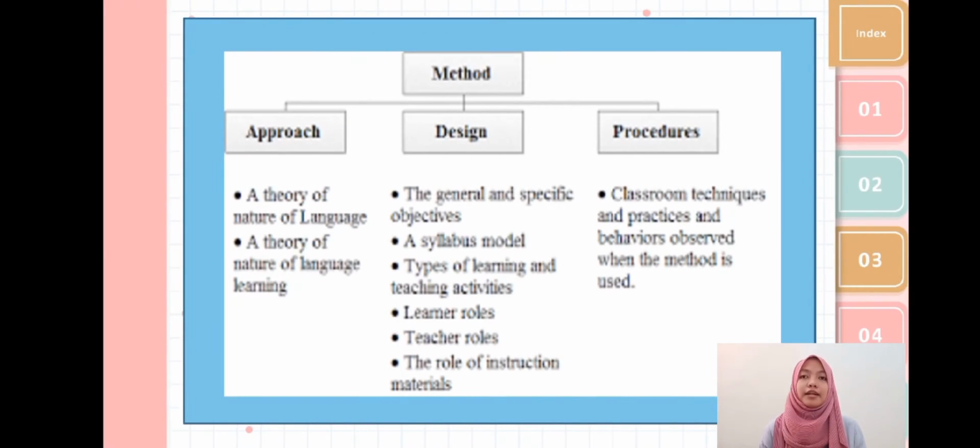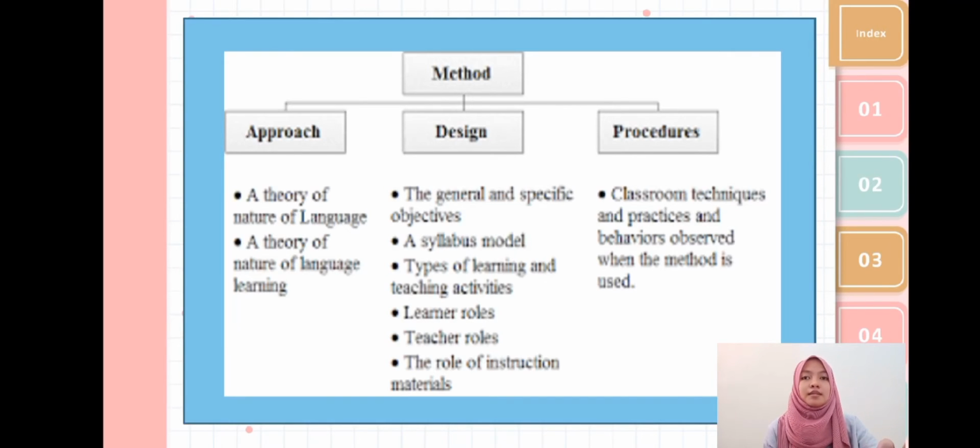And the next slide is about method, approach, design, and procedure. The first is approach. There are two parts. The first is a theory of the nature of language. The second is a theory of the nature of language learning.